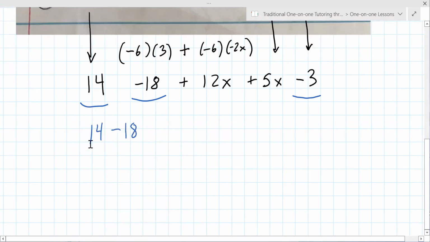Okay, so one's positive, one's negative. How do you determine whether it's positive or negative? Do you remember? The larger number, so the 18. Yes, we know the answer is negative, and then we take the larger number and subtract the smaller. Yes. So it becomes negative 4.